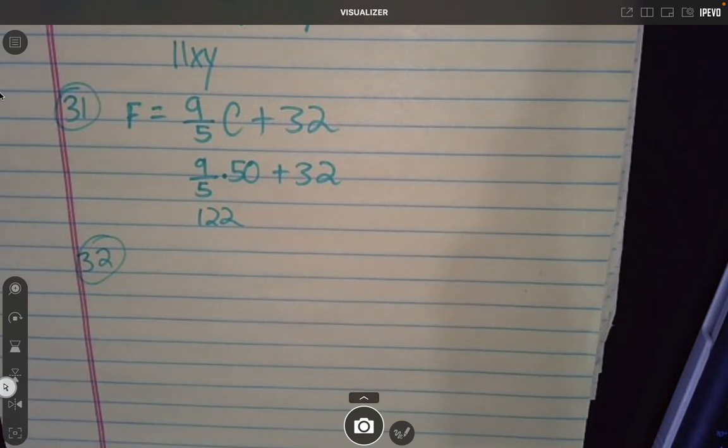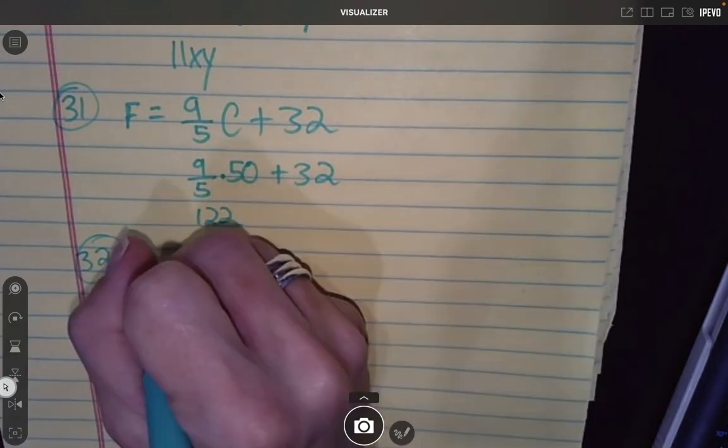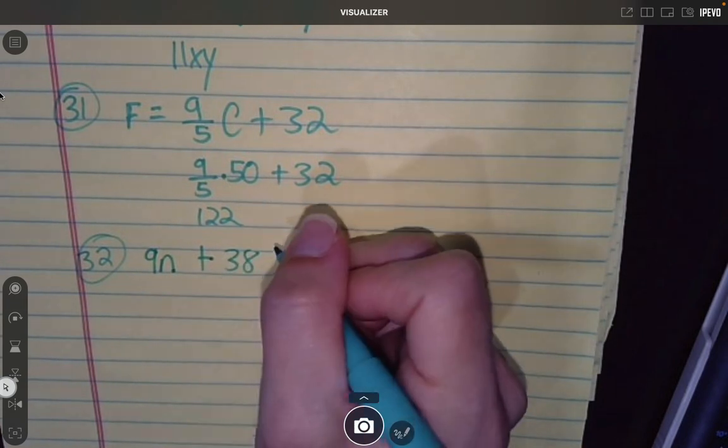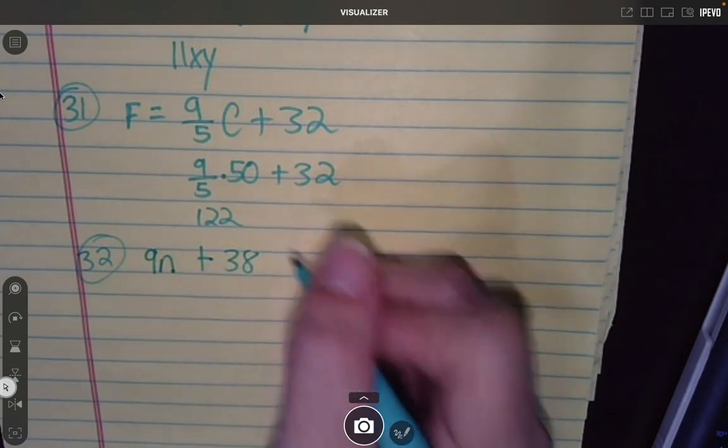What's the rule for the height? Now read this part. Give the rule in words and as an algebraic expression. So you're doing words and the expression. You have this on a worksheet. So what's the first thing I'm going to write? We'll do 9 times the number n plus 38. Yeah, 9n plus 38.